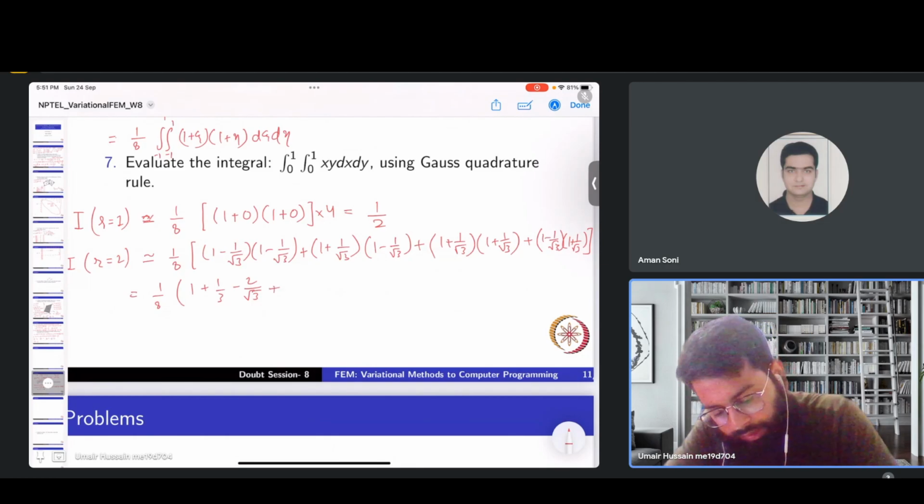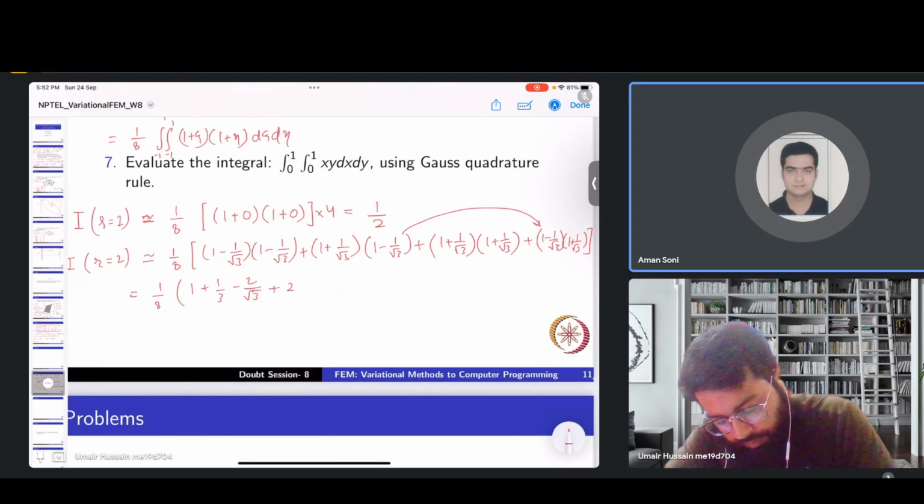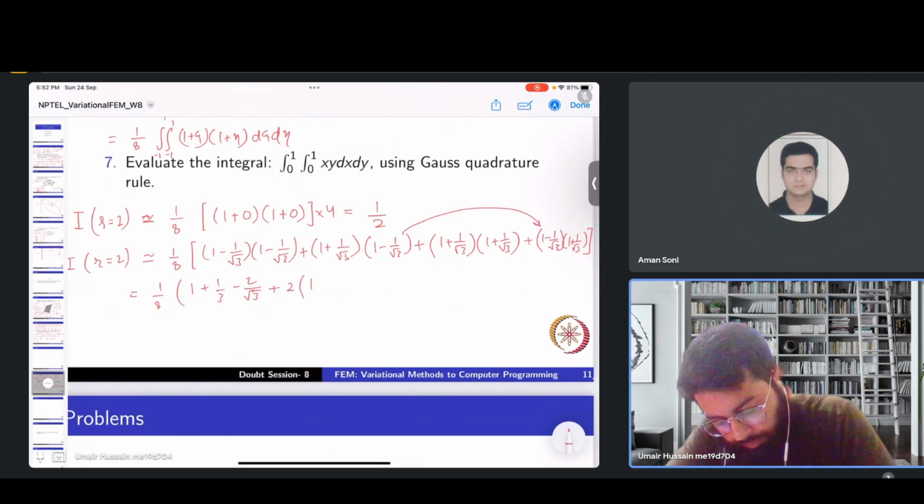So combine these two terms. 1 minus 1 by 3 is 2 by 3, 2 times 1 by 3. Then we have a plus b whole square, that is 1 plus 1 by 3 plus 2 by root 3. This is cancelled.